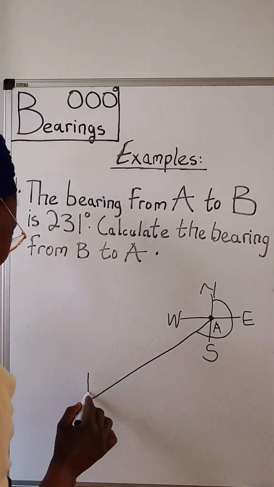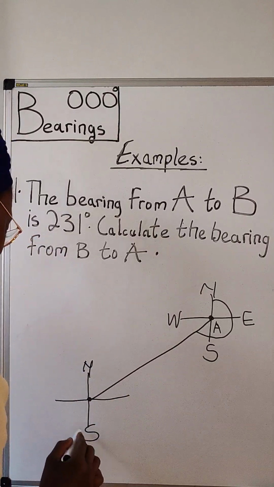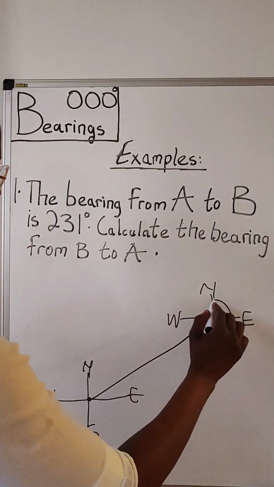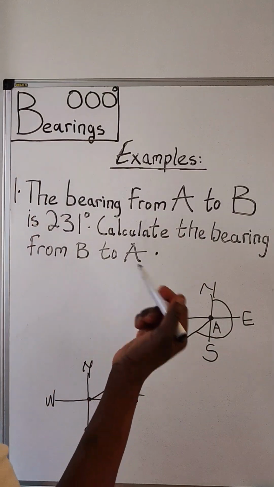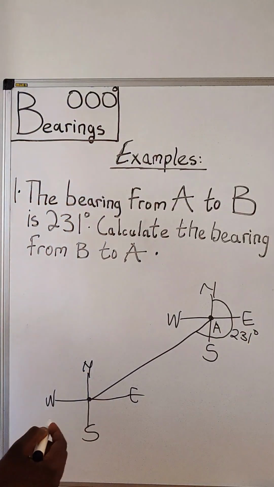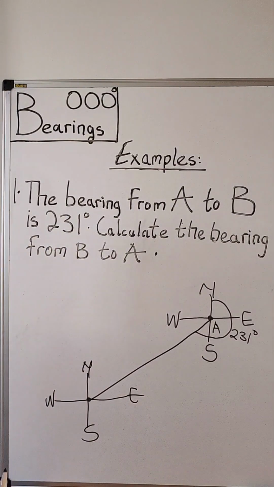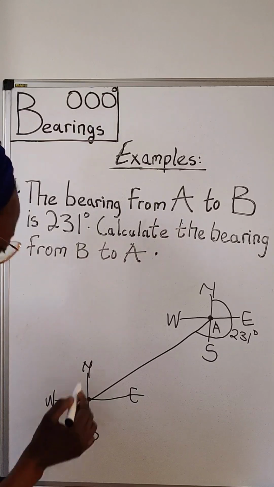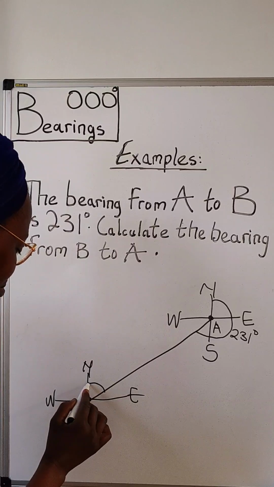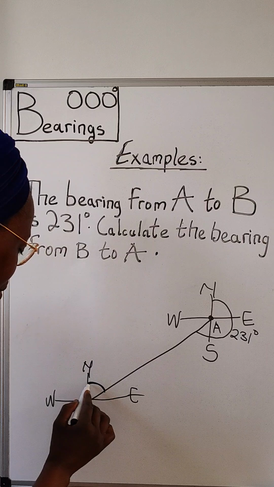This is point B. I have the four cardinal points again: north, south, west, east. So the bearing from A to B is 231 degrees. So we are asked to calculate the bearing from B to A. In other words, the bearing from B to A will be this angle.